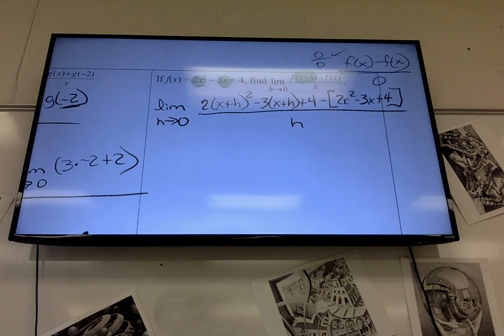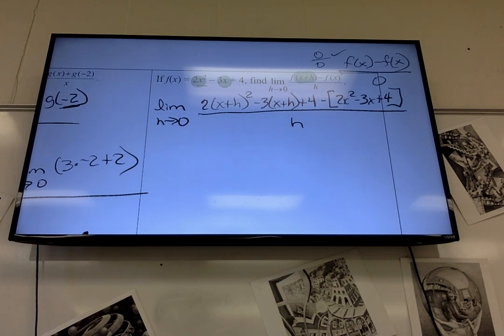This stuff we're doing is leading into derivatives. This is actually the long way to do a derivative. There's a shorter way to do this, but only for the ones that turn out like this.